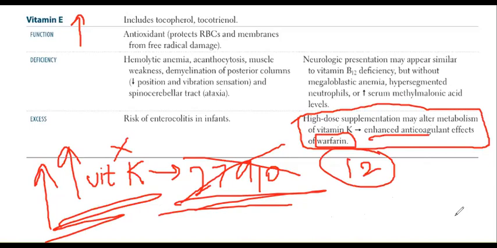Simple. Okay, warfarin is an anticoagulant. It does not let your blood clot or coagulate. It is an anticoagulant drug. We give it to patients who have DVT, who have thrombus in their blood. We don't want that blood to clot or coagulate, so that is why we give warfarin.